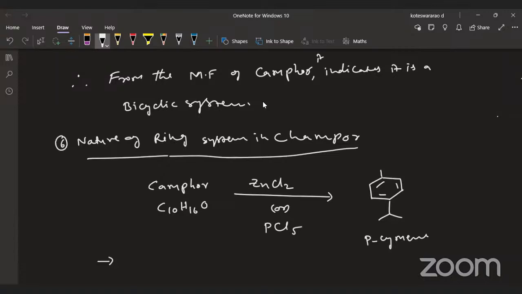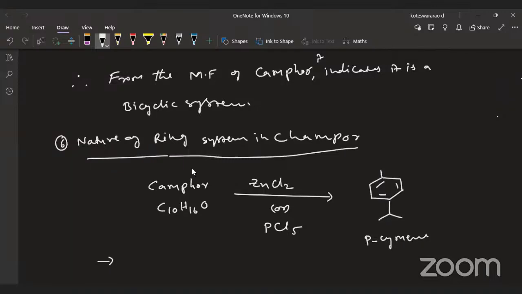In the bicyclic system, two rings are there. Of the two rings, one is a 6-membered ring, that we have identified with this reaction. Zinc chloride or phosphorus pentachloride treated with camphor leads to the formation of paracymene, which indicates camphor is having one 6-membered ring.